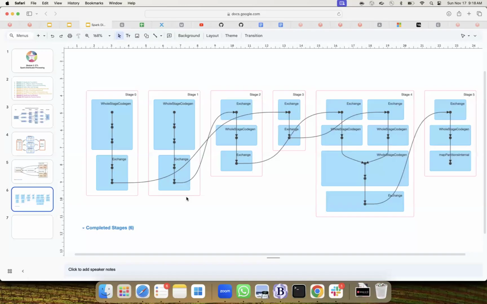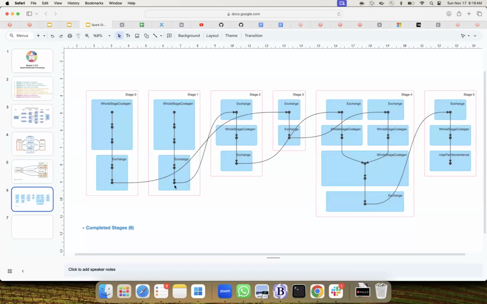Now, why we are talking about shuffle is that whenever there is a shuffle, the Spark engine creates a new stage. What it is showing here is two data sets with some sort and merge kind of operation. So this is data set 1 in stage 0. This is another data set in stage 1.